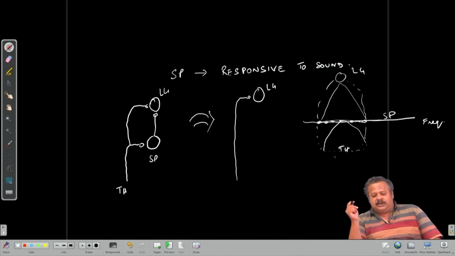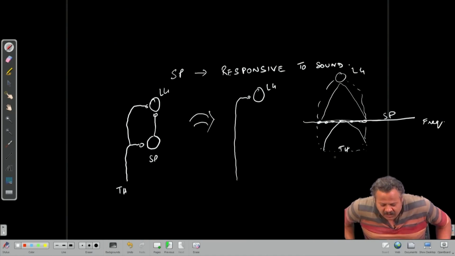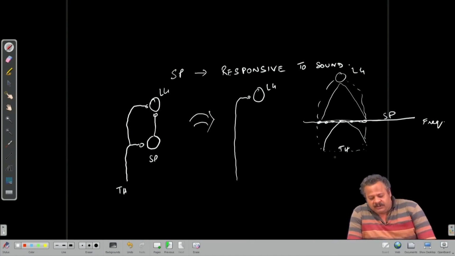There are further complications here with inhibitory neurons playing another role, plus there are feedback from layer 4 to subplate and subplate to thalamus. So things are not as simple as we represent here, but the principles that we will talk about are going to be similar.